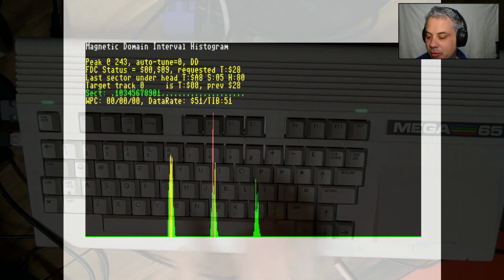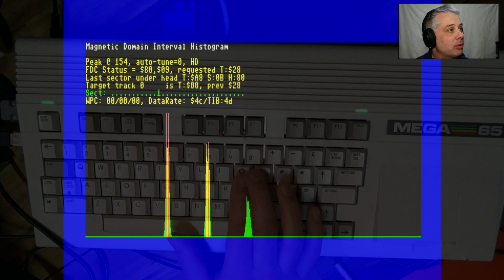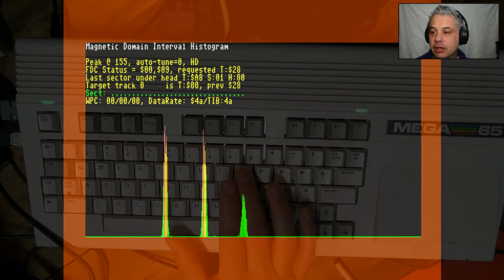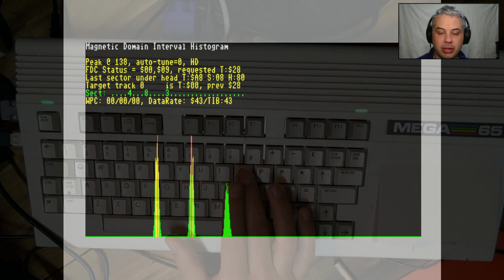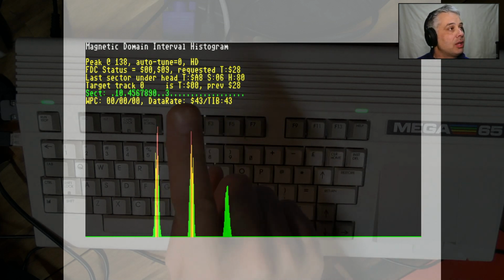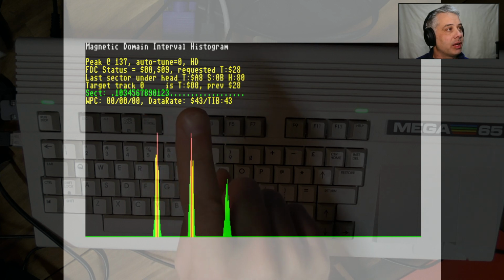And so if I use O and P on the keyboard, this will change the timing, so we can speed it up by reducing the divisor. And what you see up here, the data rate being 43 hex, that's the current divisor.